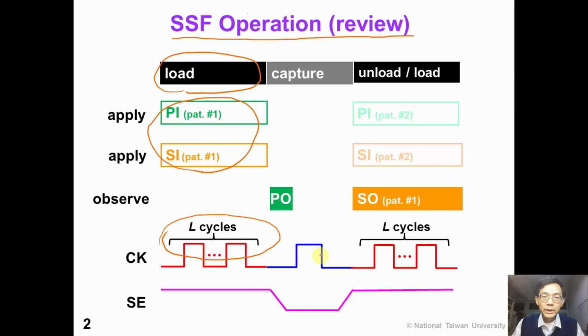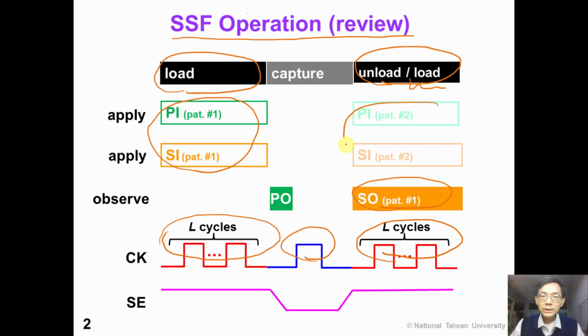And then we capture the response from the circuit, followed by the unload operation, where we shift out the response captured by the scan flip-flop of test pattern number 1. At the same time, we can also load the second pattern into the scan chain.